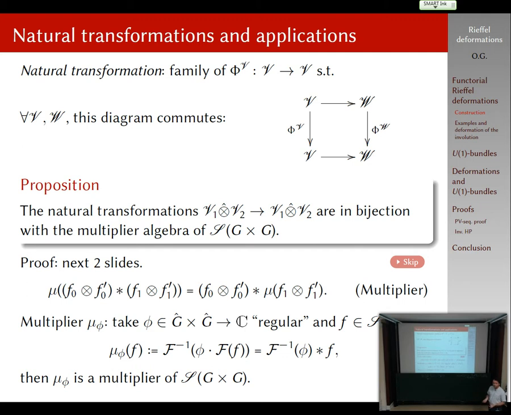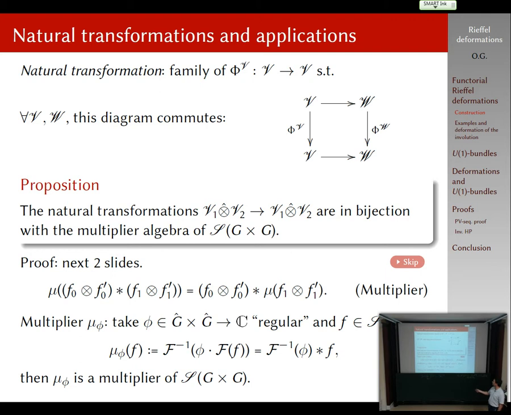How do we describe multipliers? So there is an easy way to describe a multiplier. You take a function phi from the Pontryagin dual of G tensor with itself to the complex numbers, which is regular in a particular sense, and for any f in the Schwarz algebra of G times G, you set this.